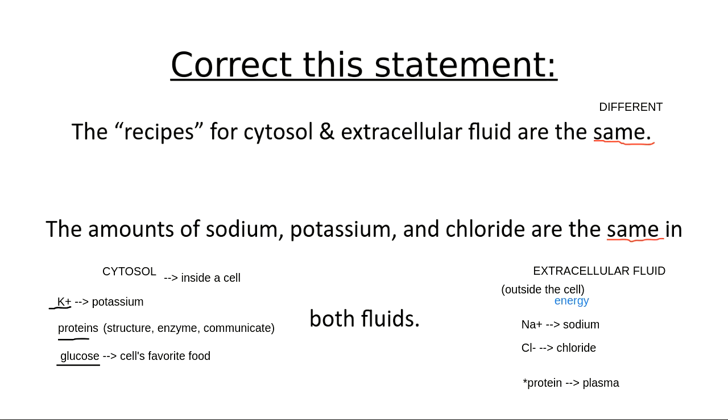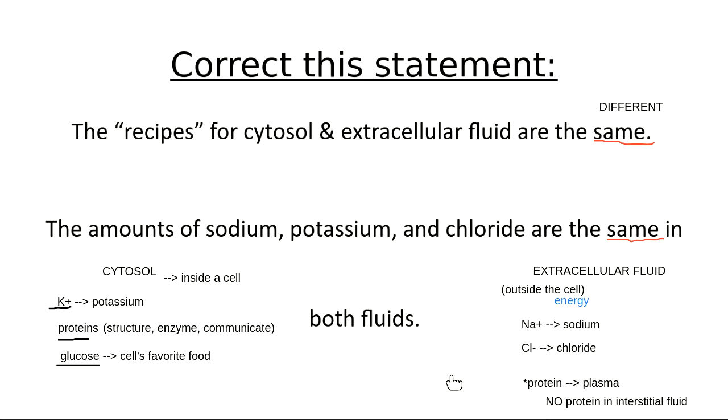Remember when we were talking about the recipes, that protein level is the important difference between plasma compared to interstitial fluid. Both of them have a lot of sodium and chloride. Plasma also has a lot of proteins, things like your immunoglobulins, your antibodies, and clotting proteins, only in plasma, not in interstitial fluid.